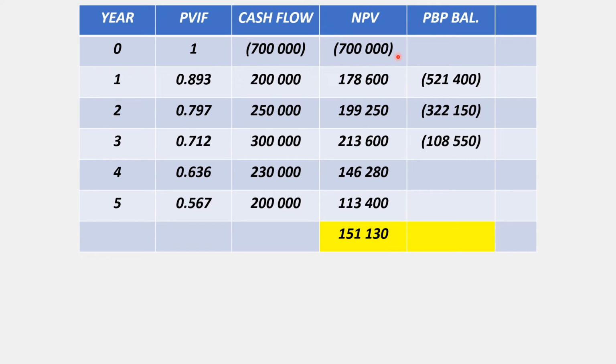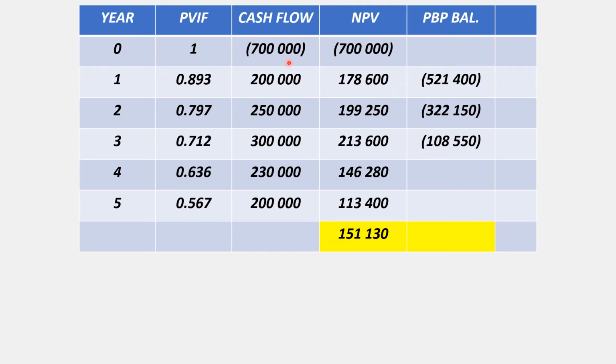Because NPV uses cash flow, we don't have to add back the depreciation to get net income. Okay, so the interest factor for year 0 is also 1. Year 0 signifies the beginning of the project.